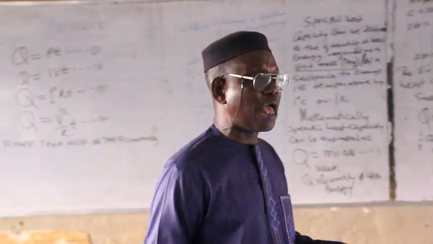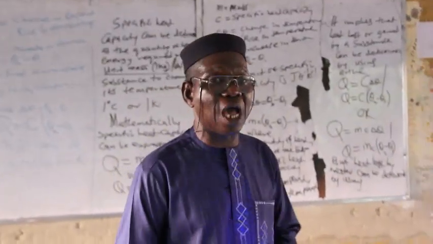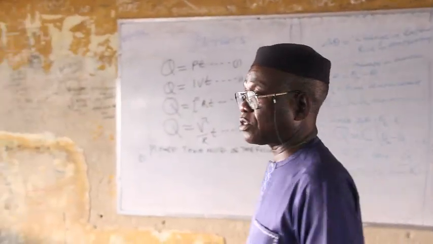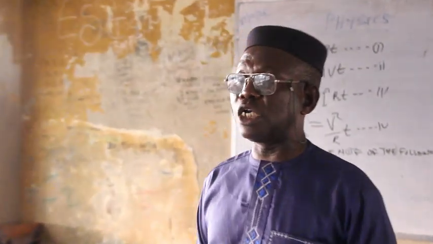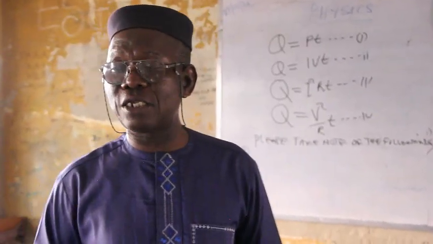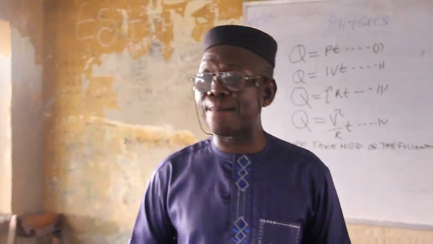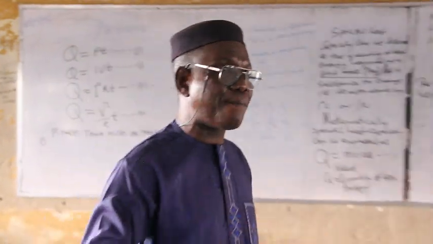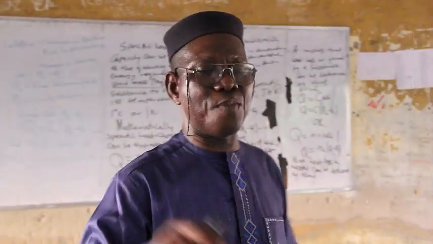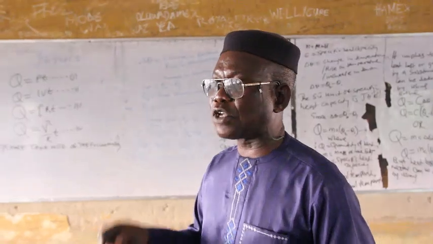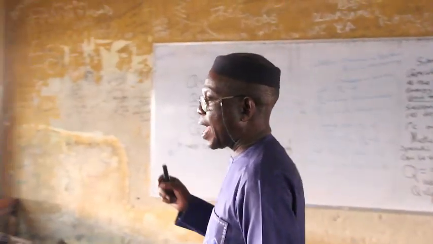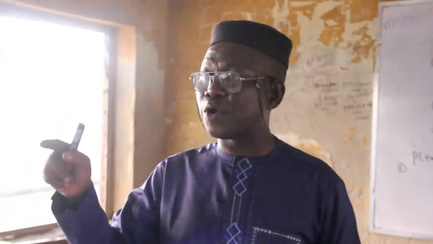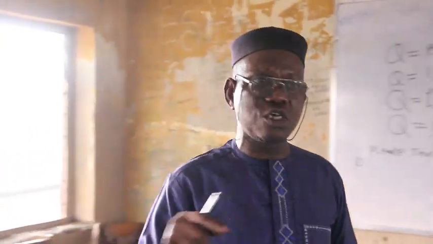Today we looked at heat capacity, and we said heat capacity is the quantity of heat required by a substance to change its temperature by 1 degree Celsius. And we said the SI unit of heat capacity is joule per Kelvin. Heat capacity is also known as thermal capacity. And specific heat capacity, we know, is the quantity of heat required by a unit mass of a substance to change its temperature by 1 degree Celsius.